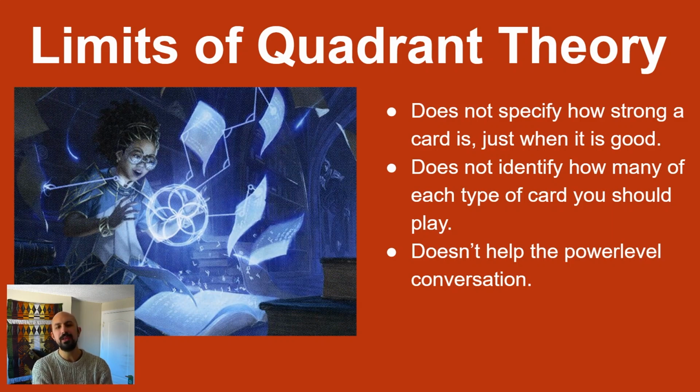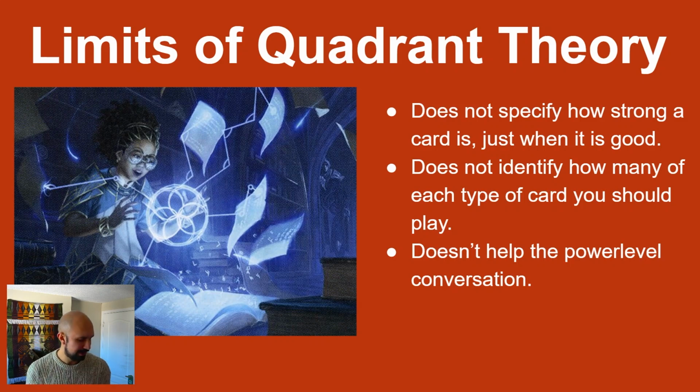Second thing is Quadrant theory does not identify how many of each type of card you should play. This is important because we can't use this to build a deck. We can use it to identify the cards in the deck and how they play within the deck, but I can't sit down and tell you, hey, I want 6 cards that are good in all states, I want 4 cards that are good behind, and so on, right?